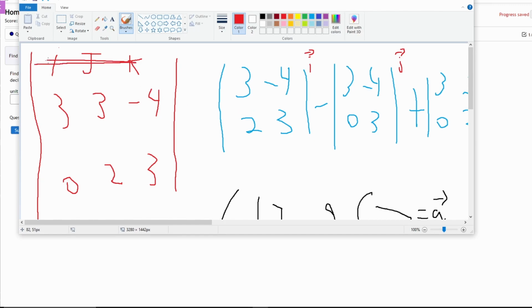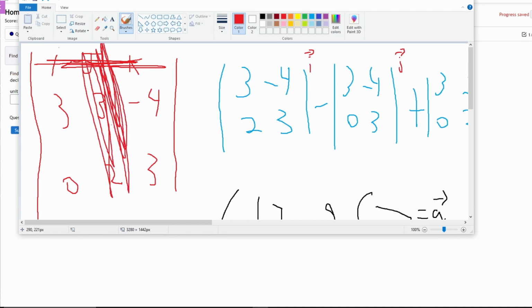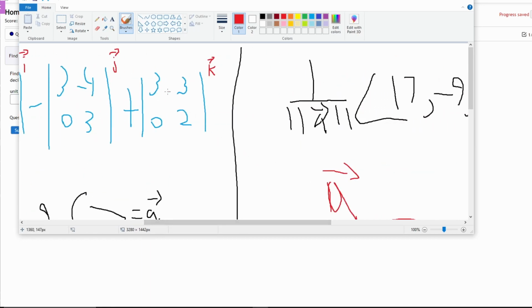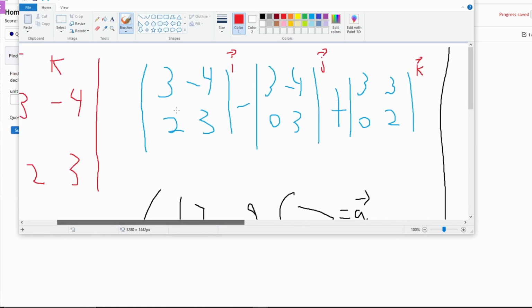First row again, this time second column. 3, -4 are pairs, 0, 3 are pairs. Next we add the k. First row gone, third column gone. 3 and 3 are pairs, 0 and 2 are pairs. We can see that here, 3, 3, 0, 2.